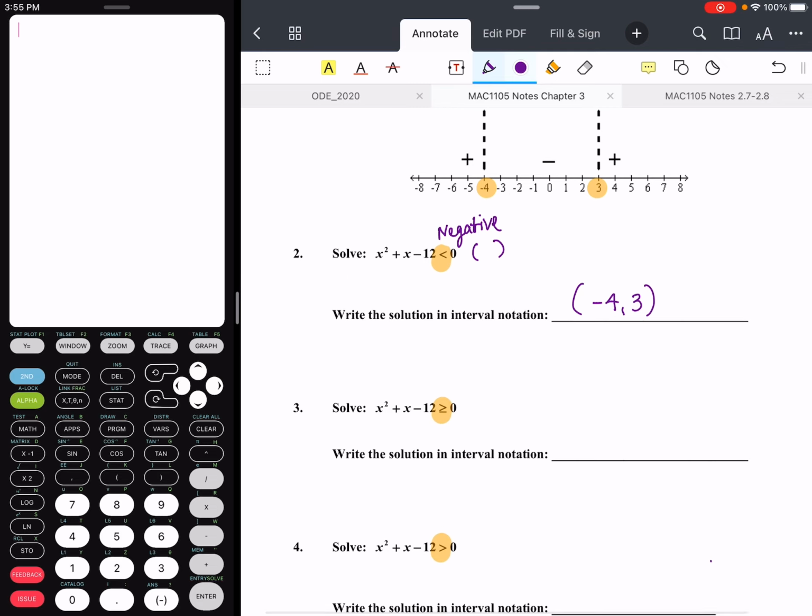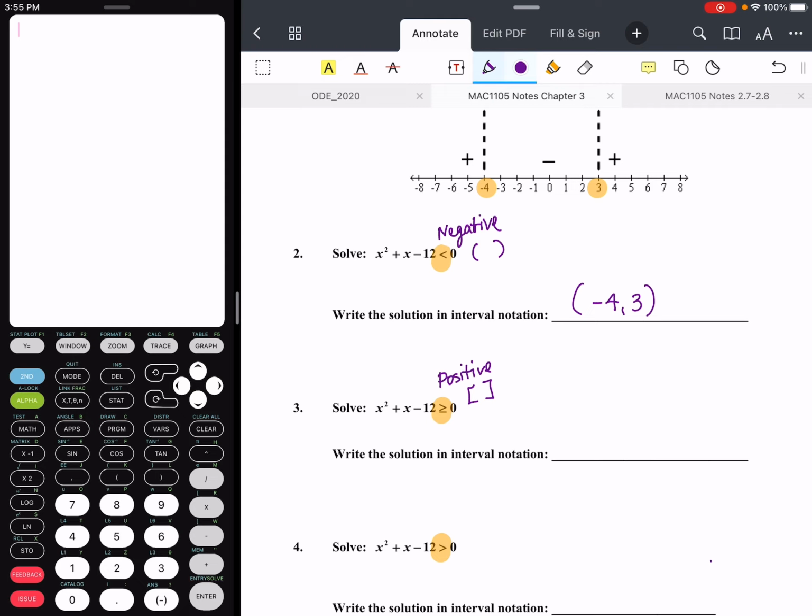For number 3, x squared plus x minus 12 is greater than or equal to 0. Now I want positive, or equal to 0, so I can use those square brackets since it's okay if my solutions equal 0, or create a function that's equal to 0.